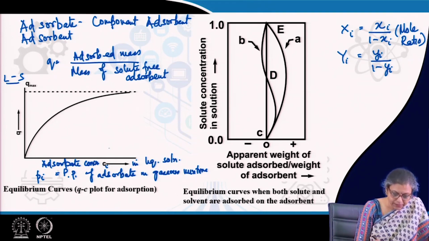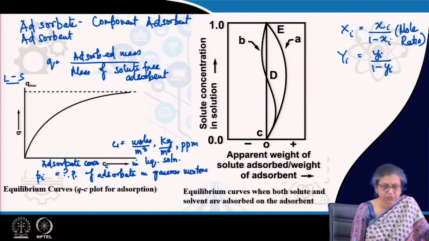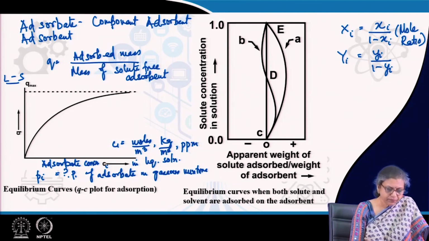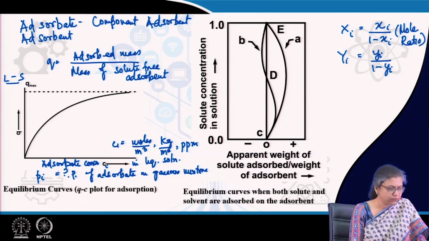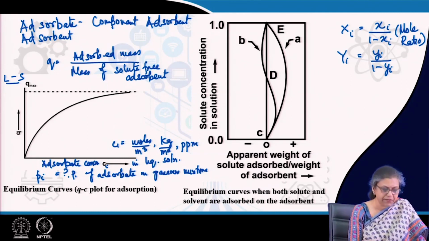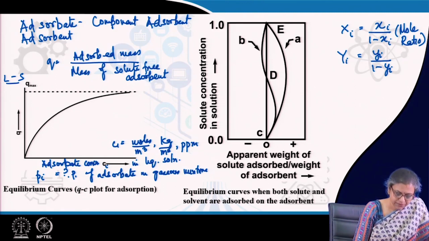This Ci can be expressed in moles per meter cube, or in kg per meter cube, or in parts per million. So, for adsorption, whatever be the units, this is the general type of graph that we find.